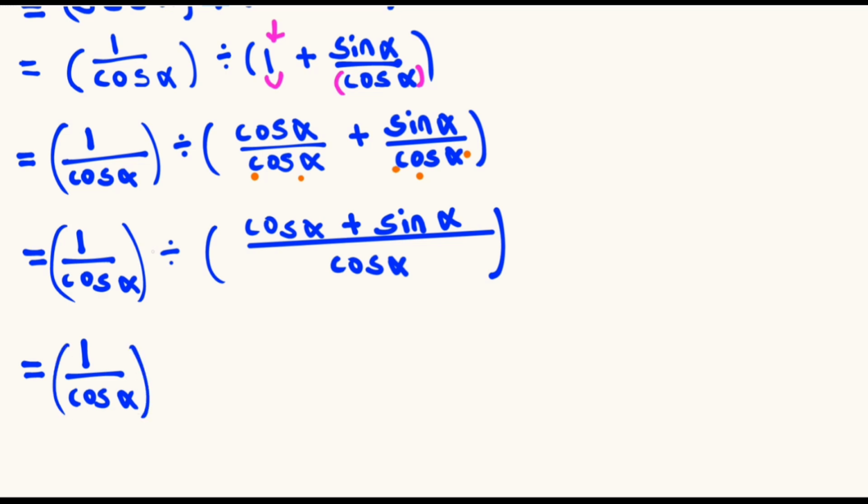and we are converting this division into multiplication, and when we do that, the denominator becomes the numerator. So the cos alpha moves from the denominator to the numerator, and the cos of alpha plus the sin of alpha moves from the numerator to the denominator.